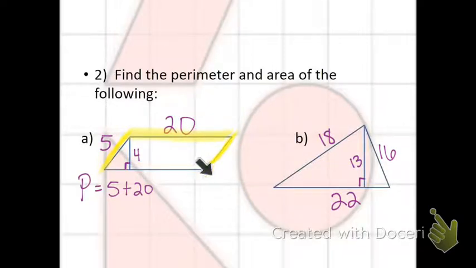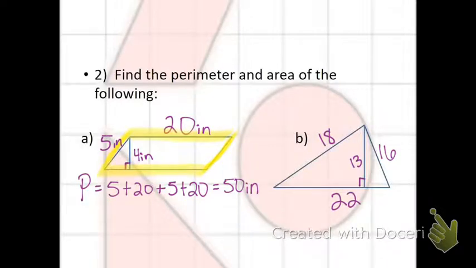So this side on the right here is going to be another 5. And the side down at the bottom is going to be another 20. So my perimeter altogether would be 50. Let's go ahead and label these with inches. Okay, so my perimeter is 50 inches.